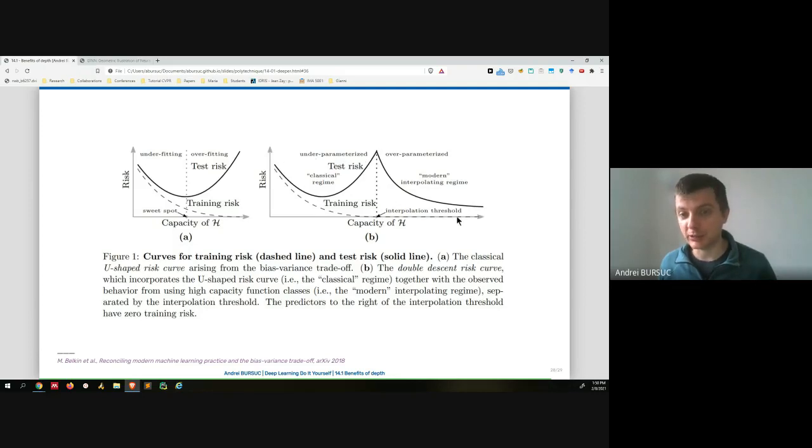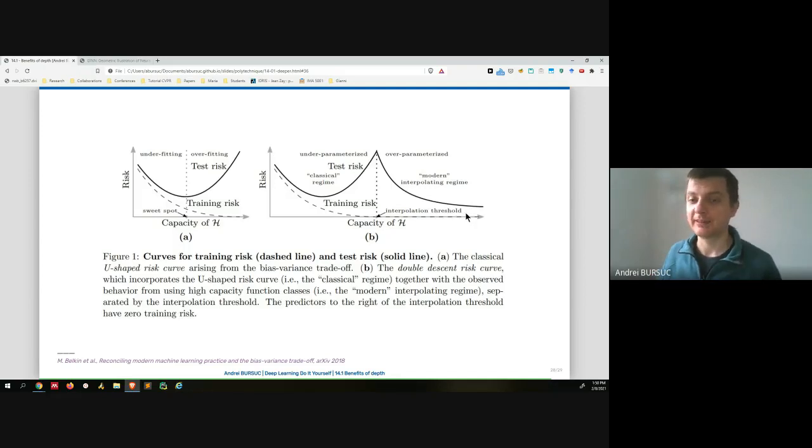But then as we continue to increase the capacity, we have another descent. So we descend and we go up, and then we have another descent, and the test loss goes down again. So the bigger the model, the lower the loss, actually.